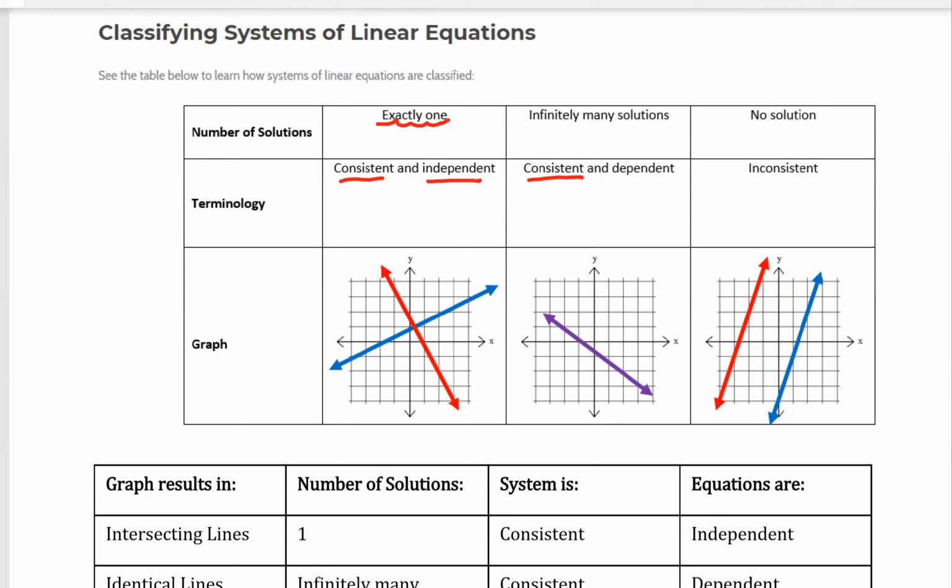There is a solution and there's one solution. If the system has infinitely many solutions, there is a solution, but since there are infinitely many, we say that the system is consistent and dependent. Consistent and independent, one solution. Consistent and dependent, infinitely many solutions. If the two lines are parallel, then we say the system is inconsistent.